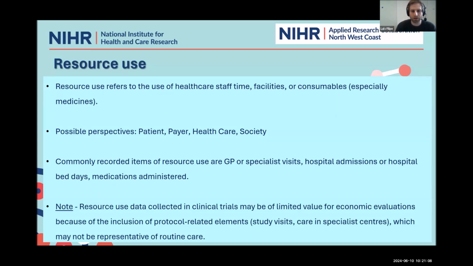Imagine that you have a new intervention that you want to test, and there was a randomized control trial. You are going to count everything: the number of physicians, the number of nurses, the number of medicines, absolutely everything that you are going to use in the control trial.